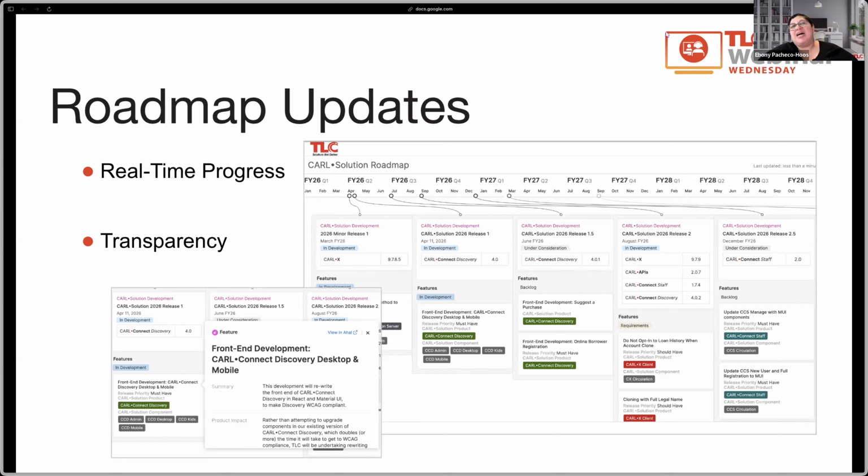Additionally, it provides transparency and availability for our customers to be able to really dig in and see what is the impact to me as a user or as a library staff member. Within our roadmap, we offer a pop-up that allows us to give a general summary of the development that is happening. We give what the impact is to the product overall.